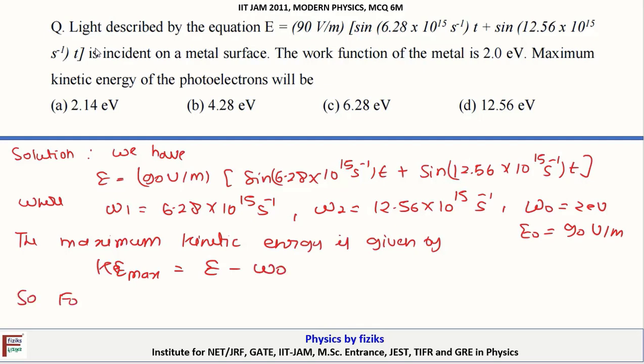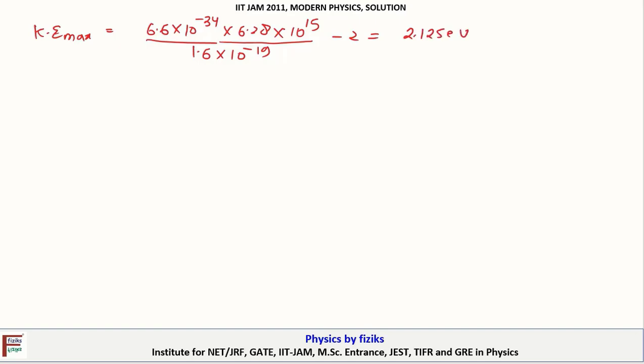So for frequency omega 1 equal to 6.28 × 10^15 second inverse, the kinetic energy is KE max = 6.6 × 10^−34 × 6.28 × 10^15 divided by 1.6 × 10^−19, minus 2, equals 2.125 electron volt.